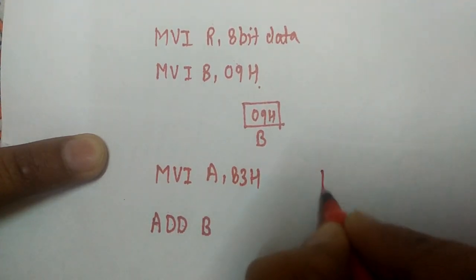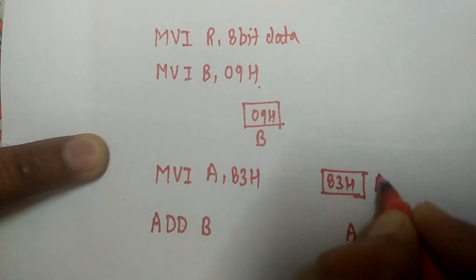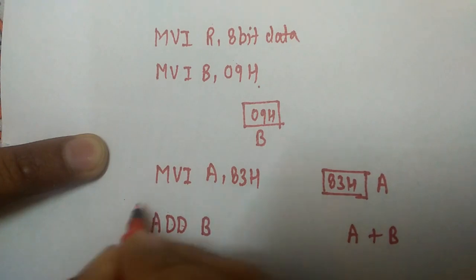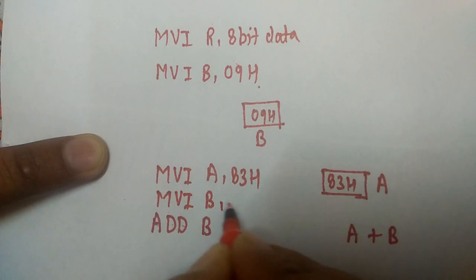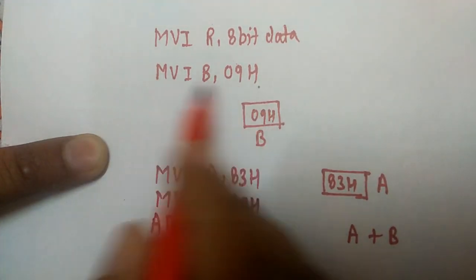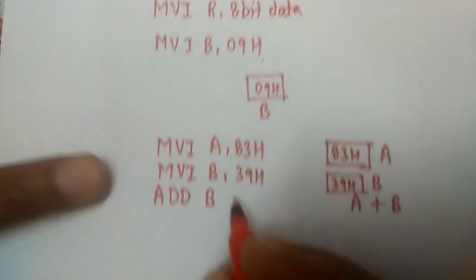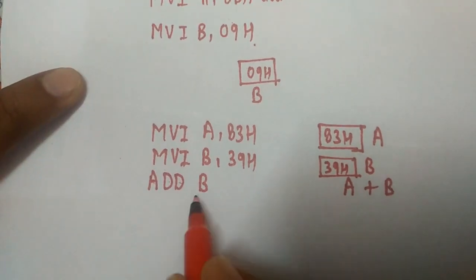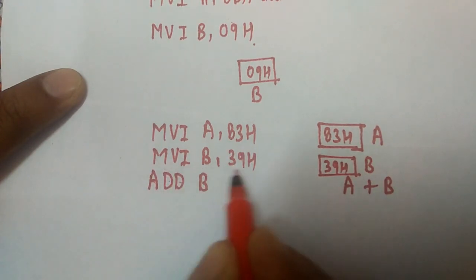This instruction will put the value 83H in the accumulator. In the same fashion, I write another instruction, MVI B, 39H, and similar to the above instruction, it will put the value 39H in register B. So we have ADD B performing A plus B, where now A has 83H and B has 39H.